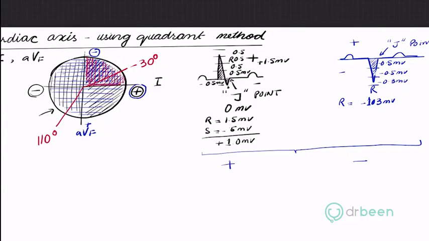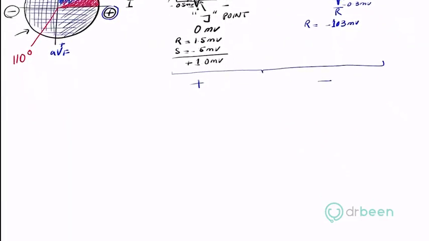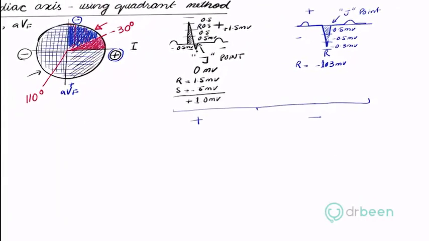So now if this quadrant is occupied, but if the axis is in this range here, then we'll have a normal axis. But if the axis is present in this range, then we would have left axis deviation. How do we calculate that? Easy. What we have to do is plot the vectors from these leads on the axis.